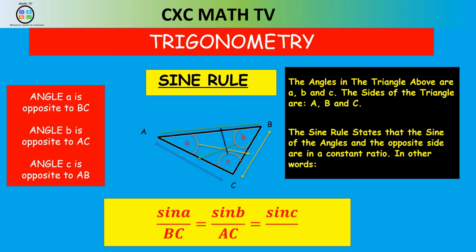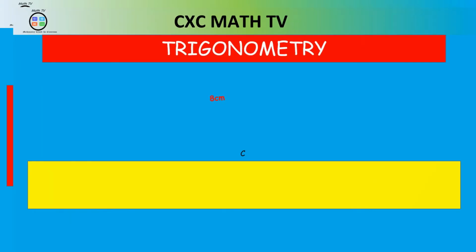That's all the sine rule states: the sine of the angle and the side opposite to it, for the triangle, are all in a constant ratio.